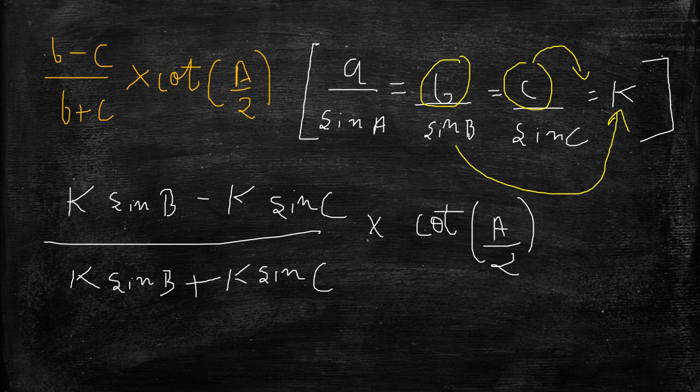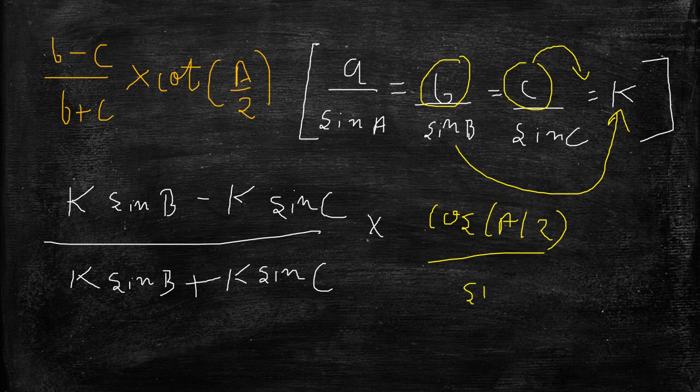Now I will write cot A by 2 as cos of A by 2 upon sin of A by 2. Here k will get cancelled out from numerator and denominator.